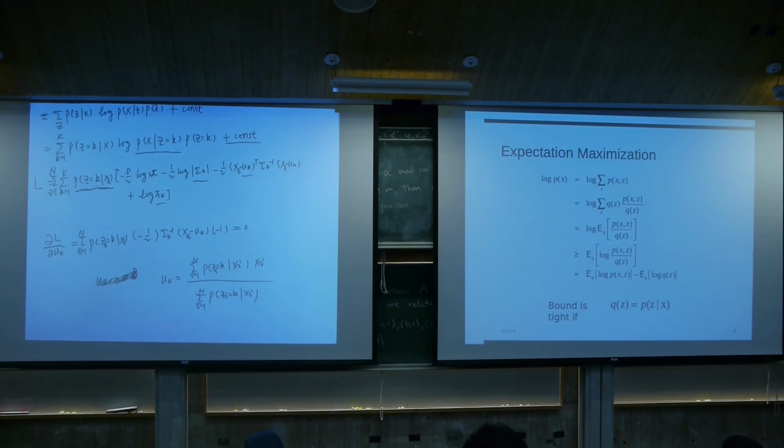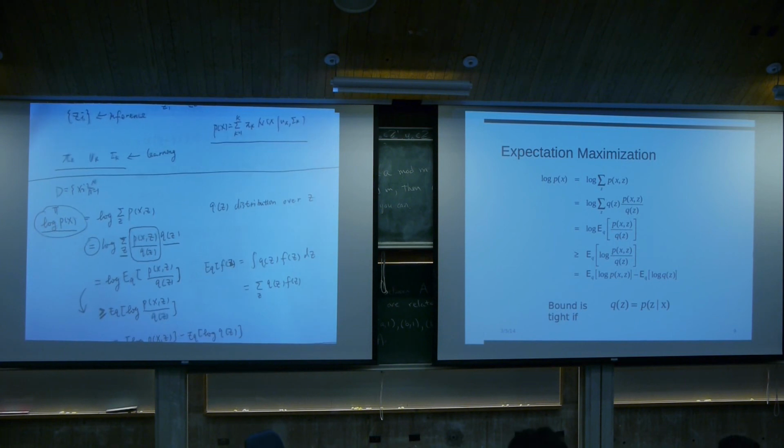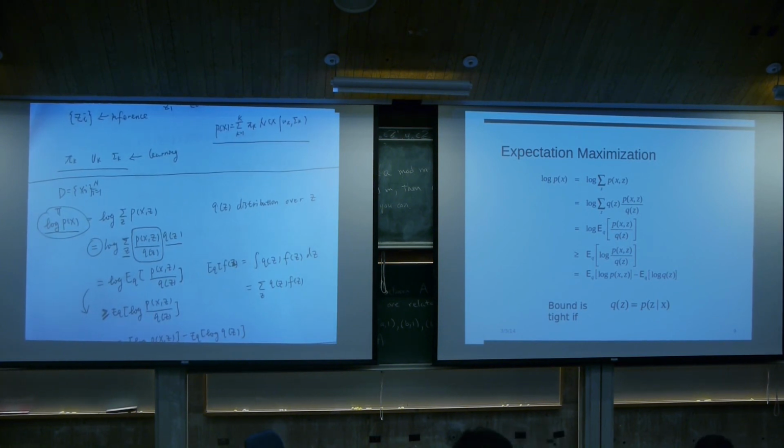So let's have a summary of the EM algorithm. We start from here. We want to do the parameter estimation using MLE, but it's very hard. So we play some tricks here, and we introduce this latent variable z. And we do a trick here and get our expectation like this. And we use Jensen's inequality to get a lower bound of the log likelihood.